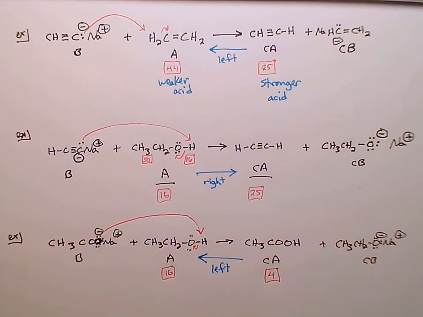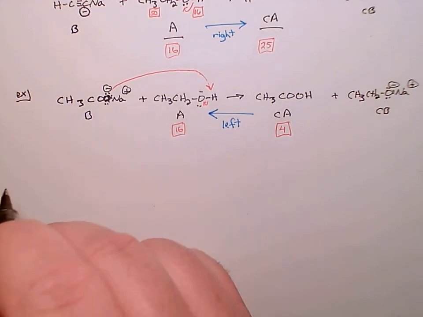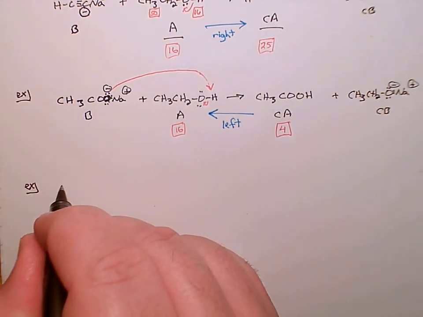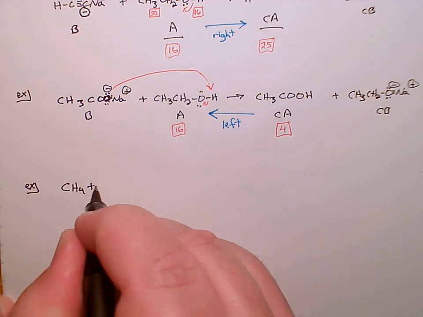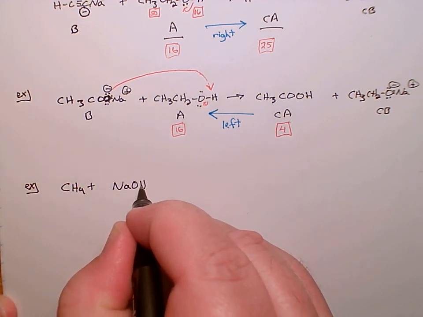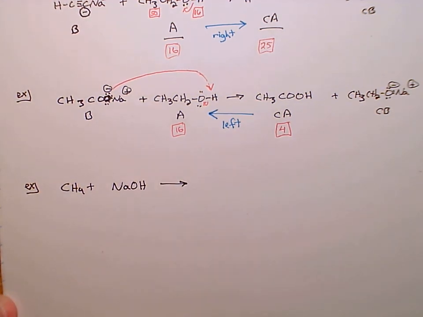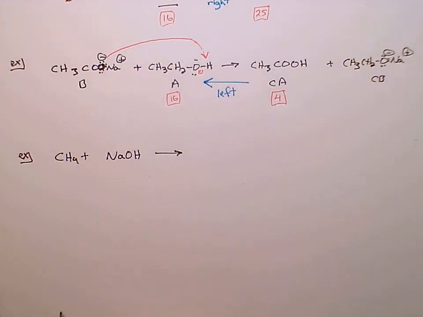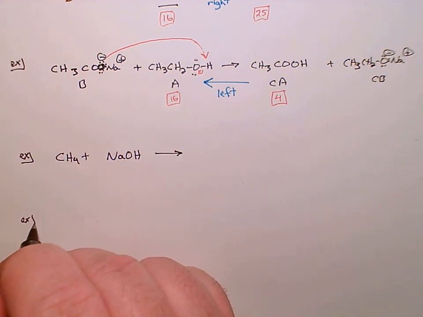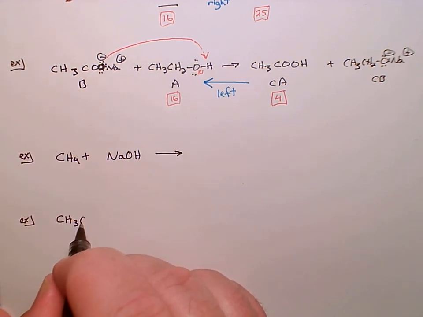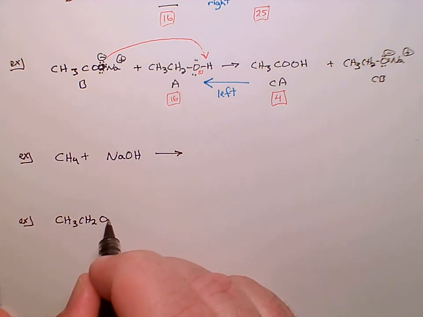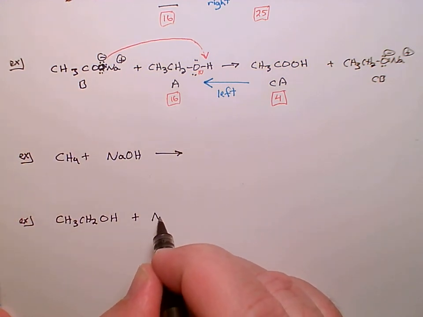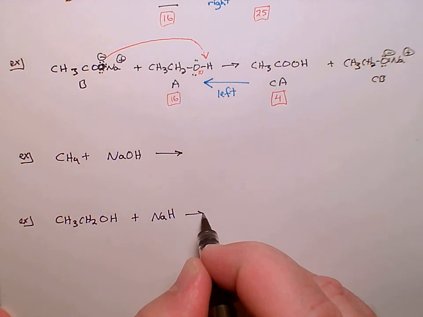So as you are working through these, here's a couple more to try. What would happen if, for example, you reacted CH4 plus NaOH? What are the products? In which direction does the equilibrium lie? What if you reacted, for example, CH3CH2OH plus NaH?